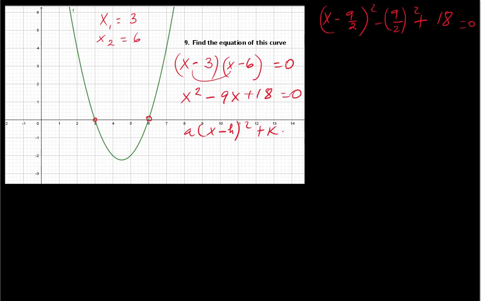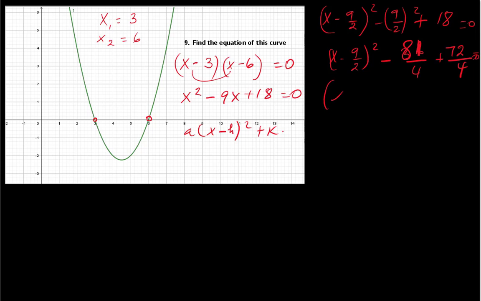So we can say that x minus 9/2 squared minus 36/4 plus, it's not 36, so it's 81 here, plus 72/4 equals 0.